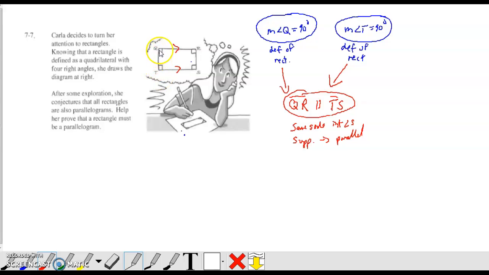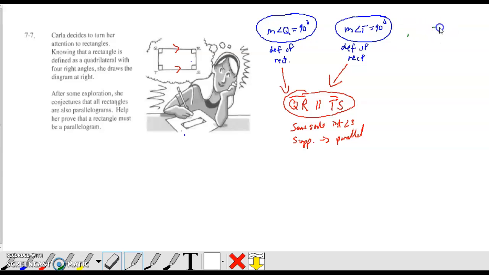So now I want to prove that this line is going to be parallel to that line. Okay, so now we've already done Q and T. So let's use Q and R. So these are consecutive angles as well. So this time we already have Q. Actually, I'm going to rewrite this. You know what I'm going to do?